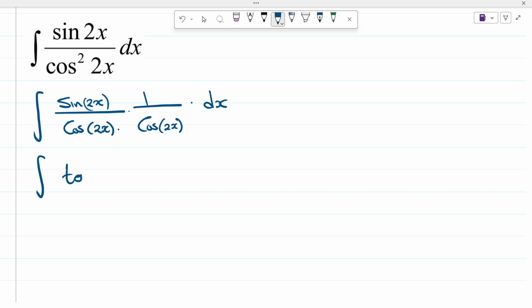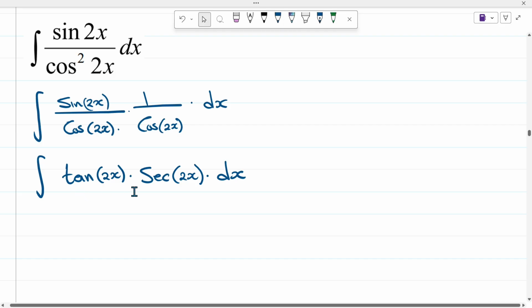It's your tan of 2x multiplied by 1 over cos. When we use our reciprocals, what is it? It's our sec, right? So this is tan of 2x times sec of 2x dx. So now we have tan of 2x sec of 2x.